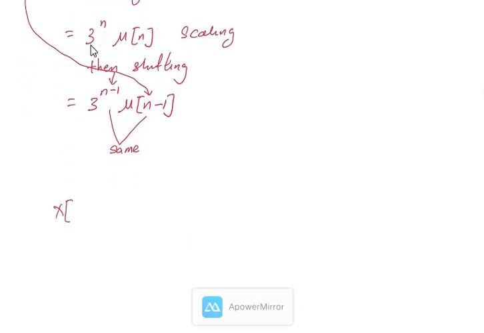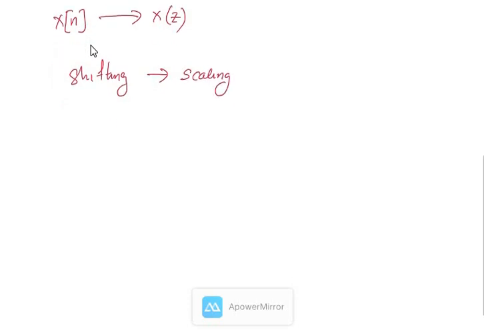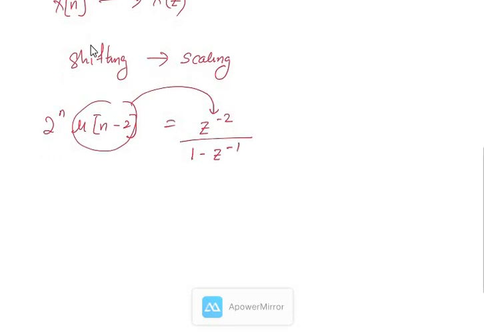Now if you have x(n) and we want to get the Z transform, we can do the shifting first, then scaling. Let's say we have 2 to the power of n u(n minus 2). If we shift first, we get z to the power of minus 2. This part we can get from here, 1 minus z to the power of minus 1. Then scaling: z to the power of minus 2 divided by 1 minus z to the power of minus 1.